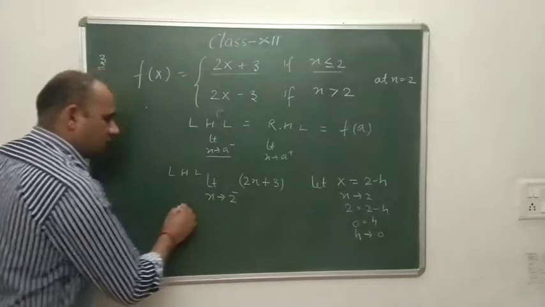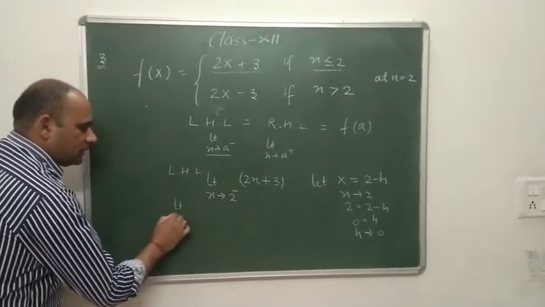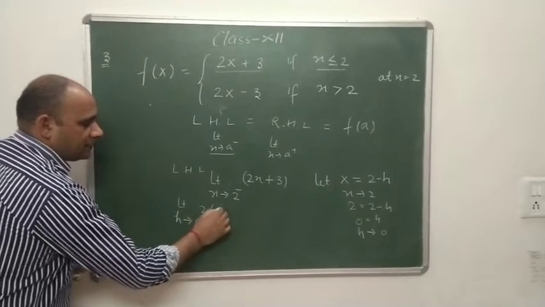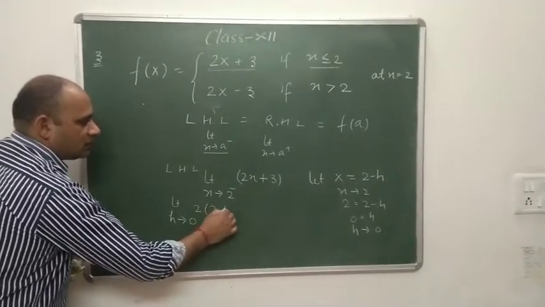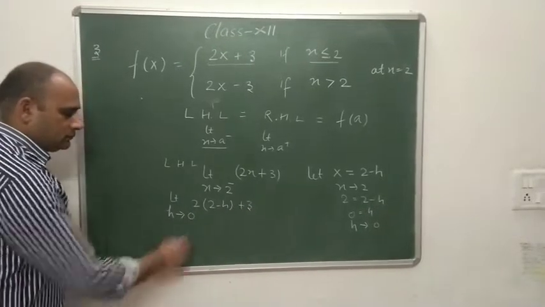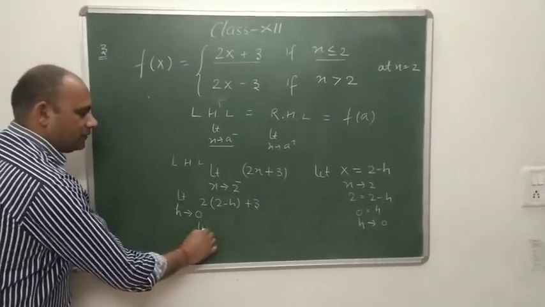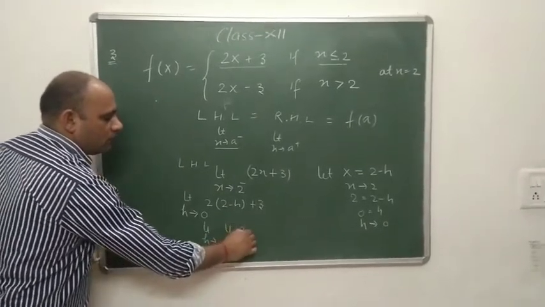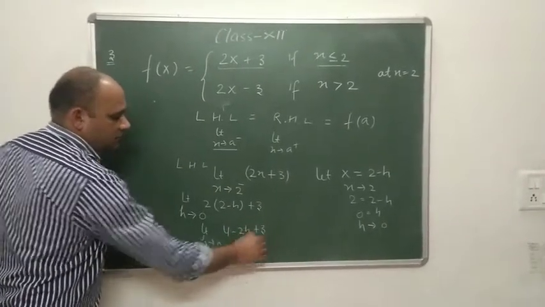So in this case, limit h tends to 0 of 2 times (2 minus h) plus 3, which is limit h tends to 0 of 4 minus 2h plus 3.